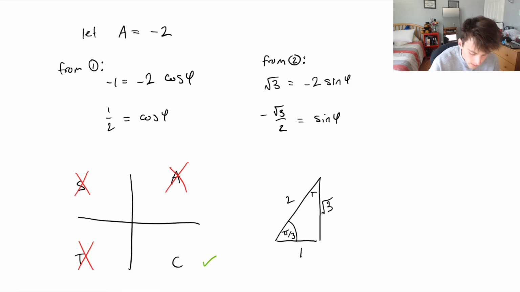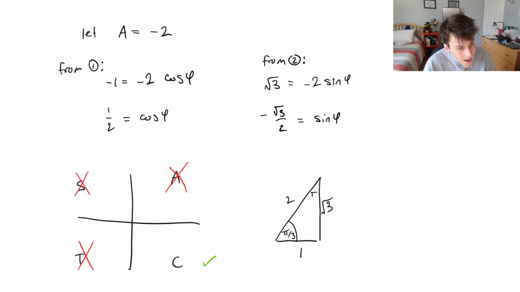So from our two equations here, cosine of alpha is 1/2. We know cosine is just adjacent over hypotenuse, so that indicates that our primary angle should be pi over 3. And let's double check that with equation number 2. Is sine going to be square root of 3 over 2 for our primary angle? It's opposite over hypotenuse, so indeed it will be.